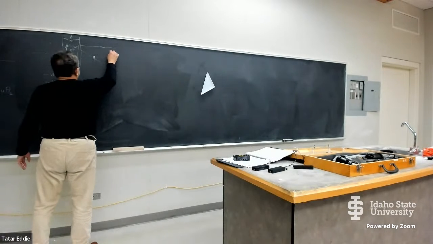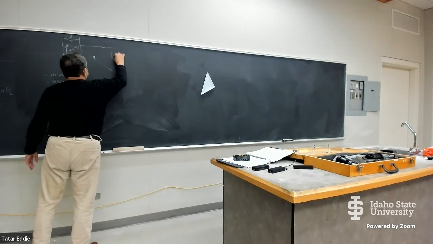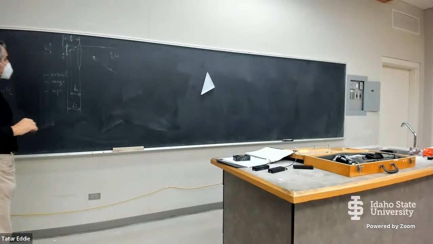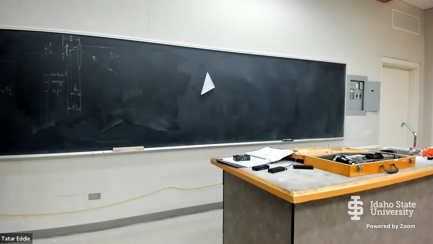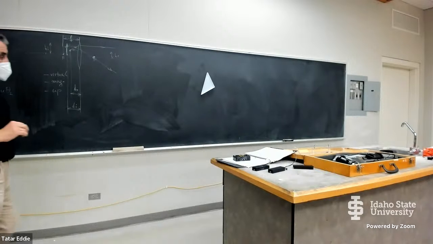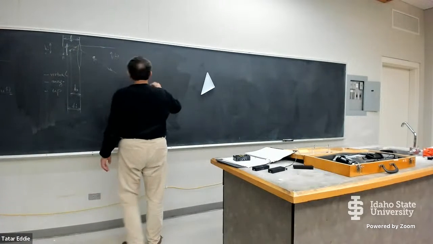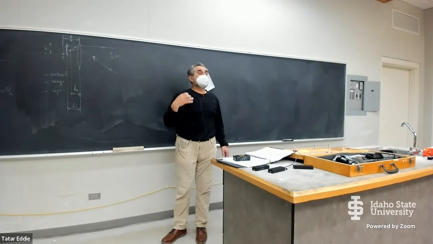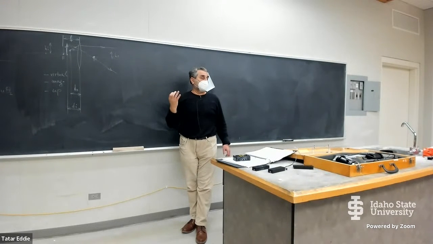And of course, you have the height of the object, HO, and the height of the image, HI. And the following equation is derived using similar triangles, exactly the way we did with mirrors.